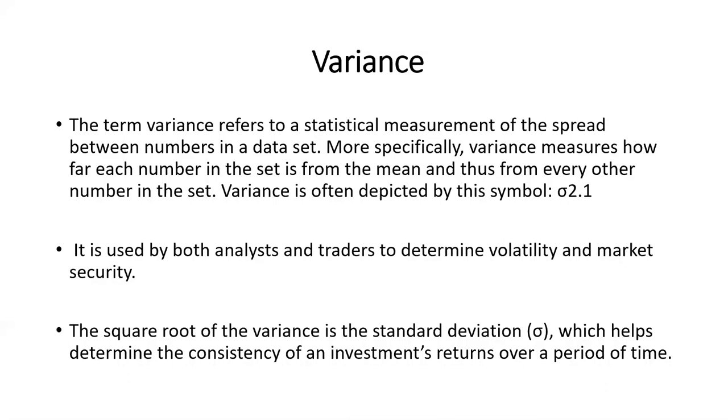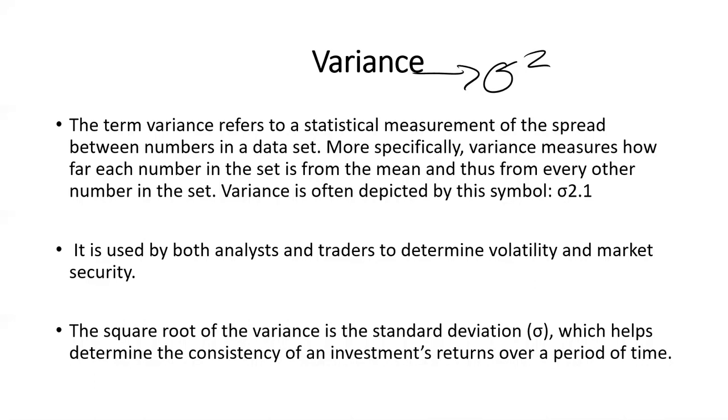Variance is often depicted by the symbol sigma square. This is the sign representing the variance. It is used by both analysts and traders to determine the volatility and market security.